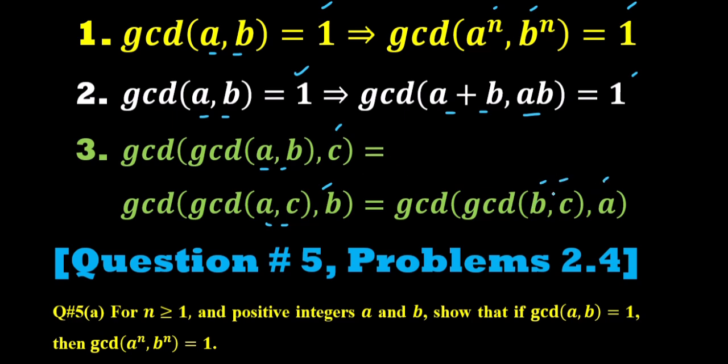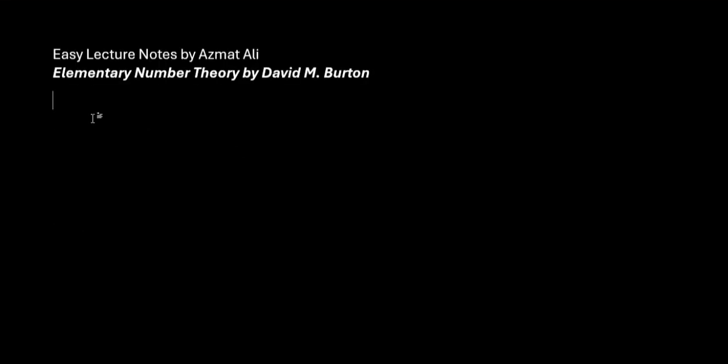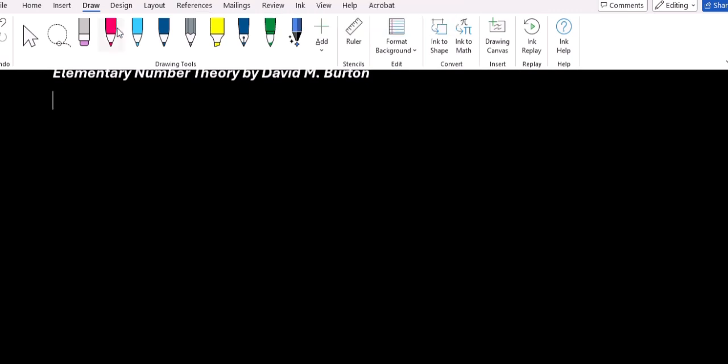So before starting our discussion, I will revise some of the important facts that we have already discussed in our previous lecture. What is the definition of GCD? We say if we have any two non-zero integers A and B, then a positive integer D is called GCD of A and B if it satisfies the following conditions.